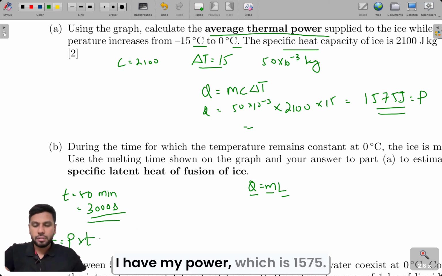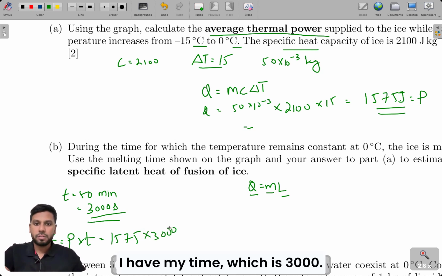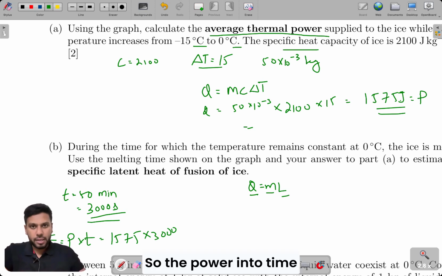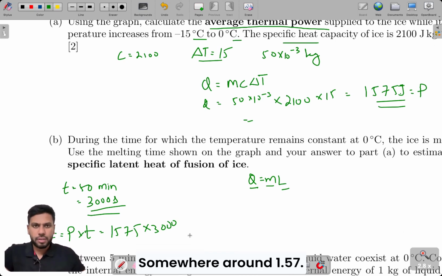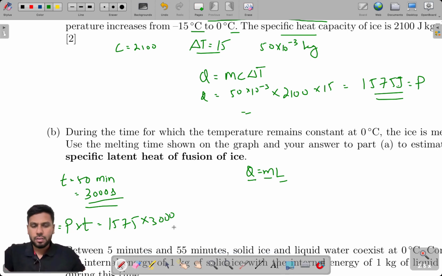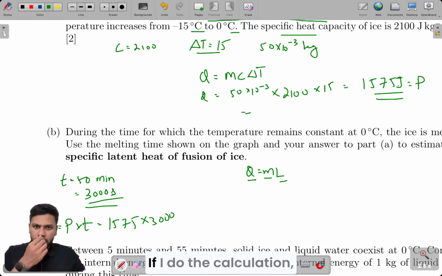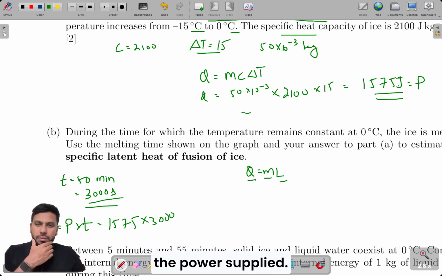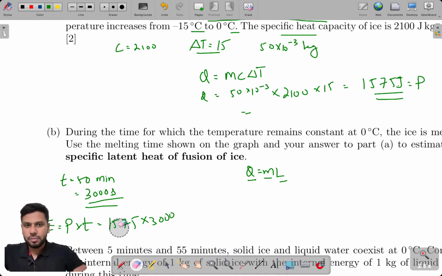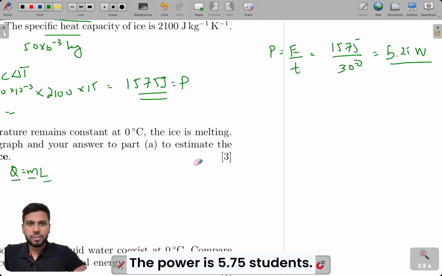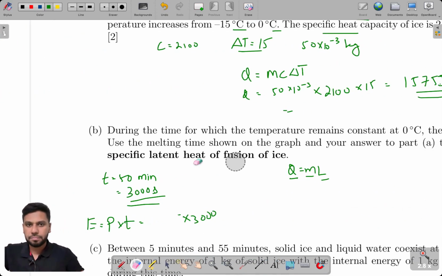I have my power, which is 1575, and I have my time, which is 3000. So the power into time is approximately going to be 1.575. Sorry, my bad, this is energy. The power is 5.25, students, my bad.